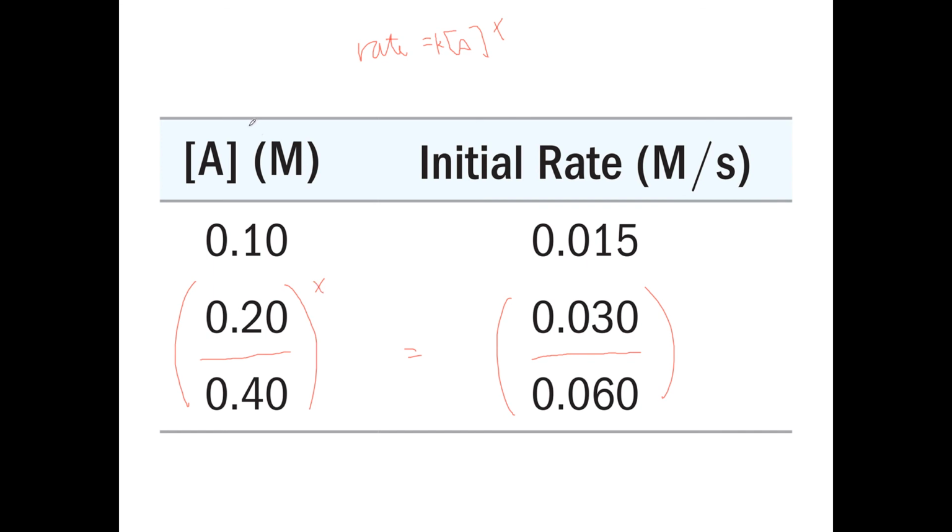All right, now if this is true, watch this now. This is raised to the X because this is my concentration, right? Is equal to rate. There's my rate law. It's just backwards, right? My rate is here. Okay, that term is there. So this is what it comes down to. Can you see this is 1/2? And this is 1/2.